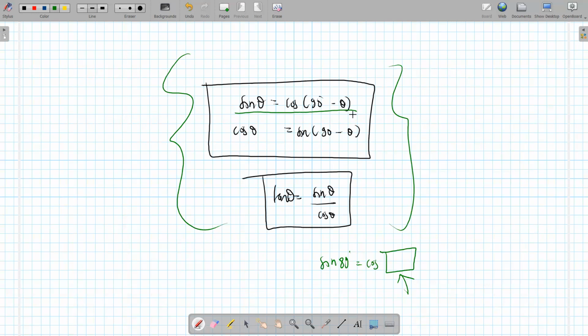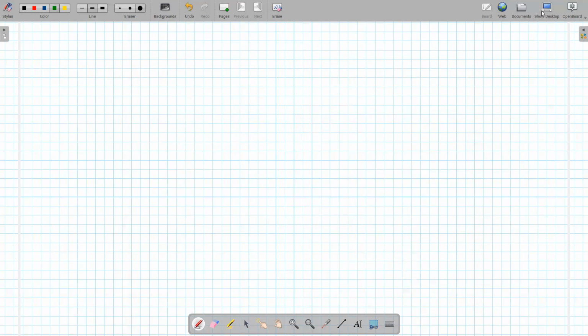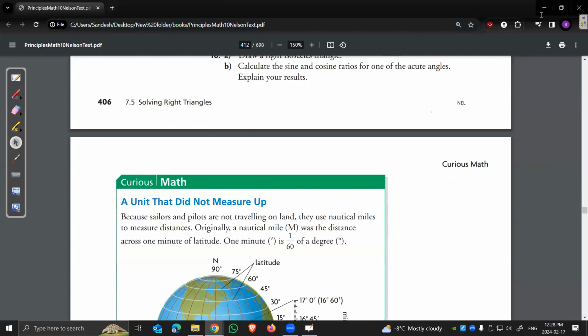Just follow this formula. So it's 1. It's 1, yeah, that's it. Sine of 60 is cosine of what? It's 30. 30, and you're done. The idea of complementary angles.